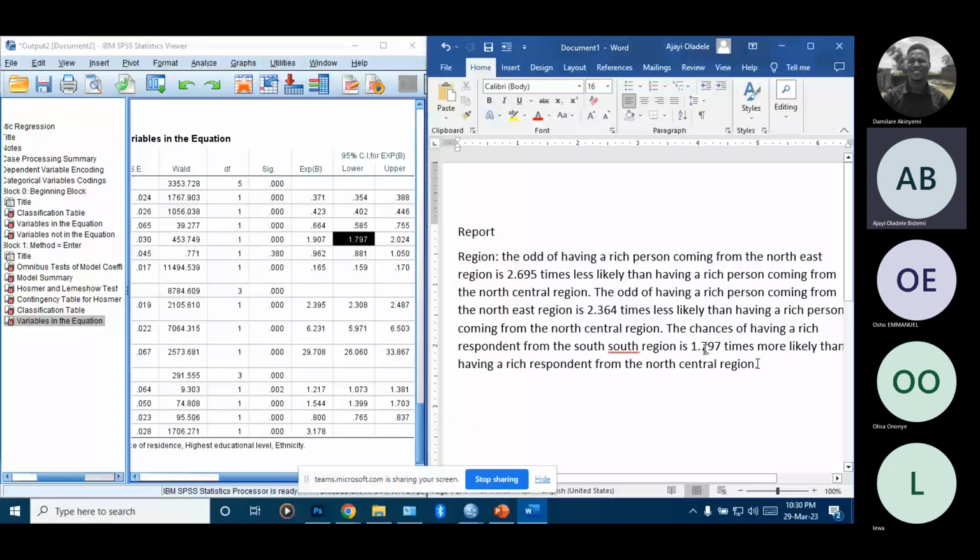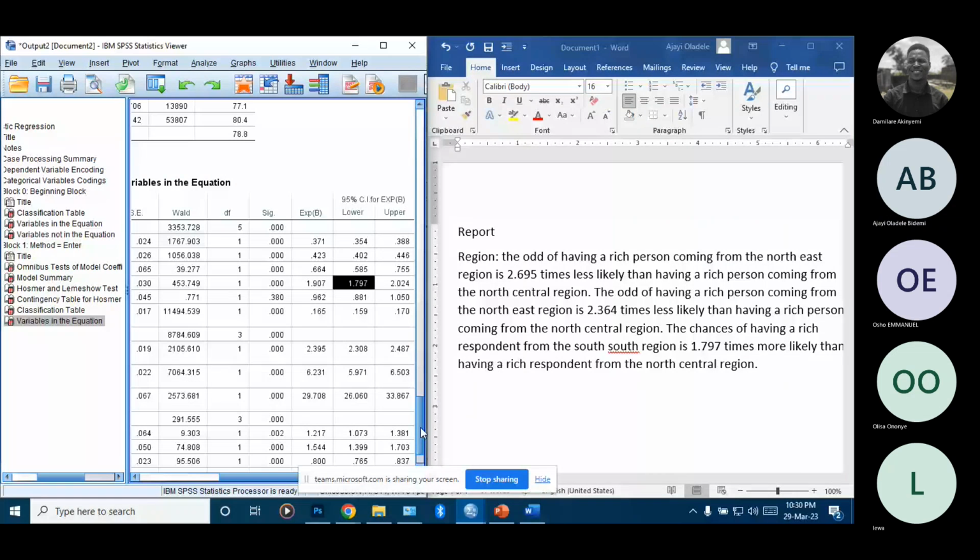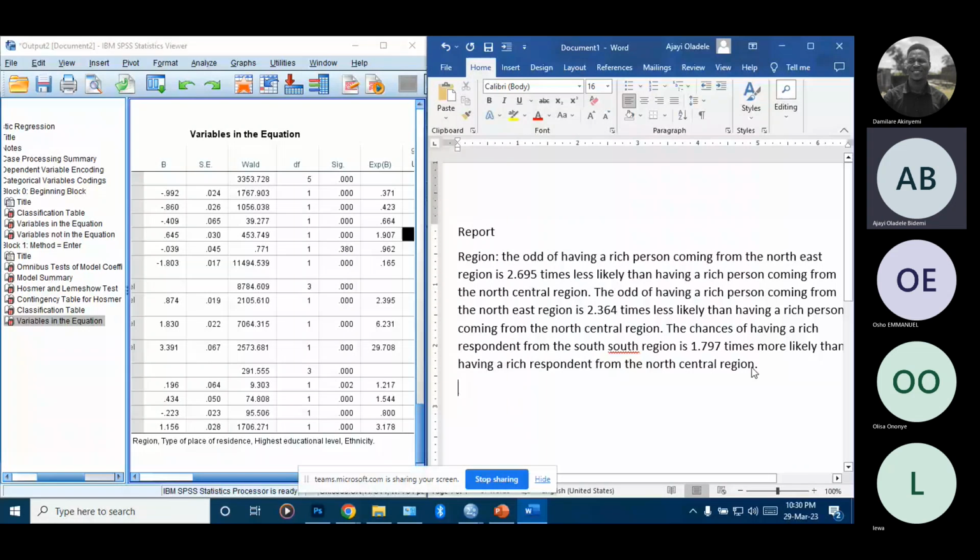Now let me jump to another variable. In actual sense, let's reason on this together. The first statement here said the chances of having a rich person coming from northeast is less likely, which implies that north central people can be richer.